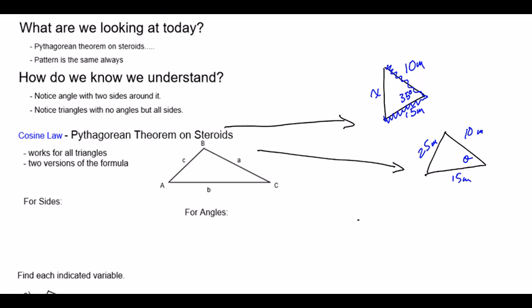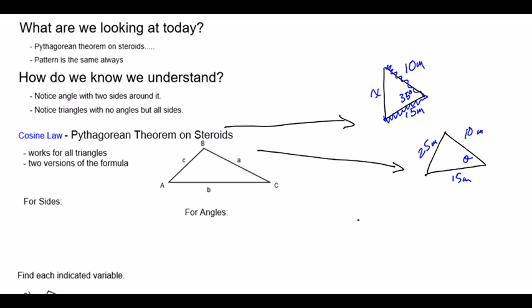So, cosine law, like I said before, it's Pythagorean theorem on steroids, and it works for all triangles. And there are two versions of the formula, and we're going to go and look at them. There is a version just for sides, and then there's a version just for angles.